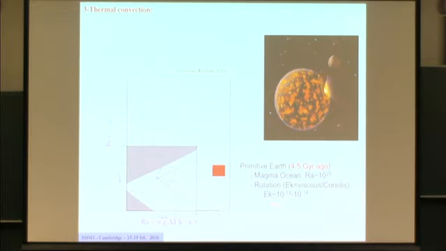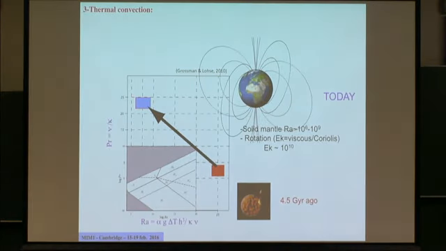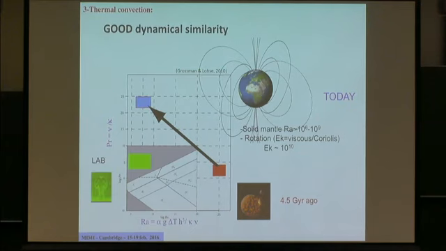And then we have also the problem of rotation. But if you go to a solid state mantle, you have a quasi-infinite Prandtl number, but it's very tractable both in the computer and in the lab. So it's one of the geophysical systems where we can have really a good dynamical similarity.